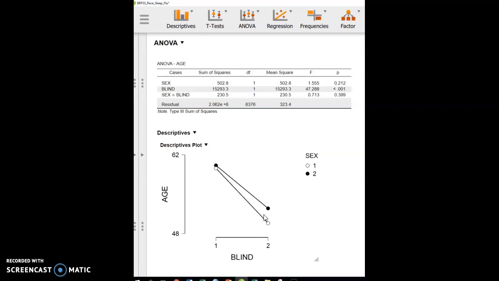We might want to see some nice confidence intervals to see whether that was a practically significant difference, but it certainly was a statistically significant difference.